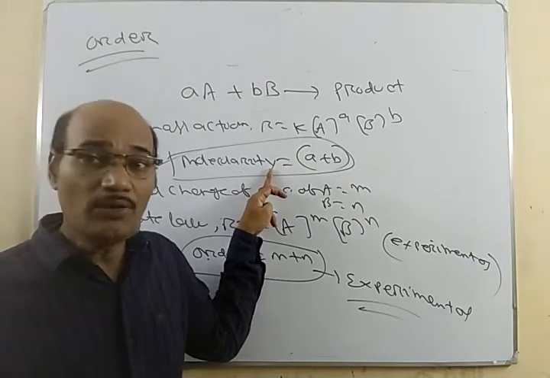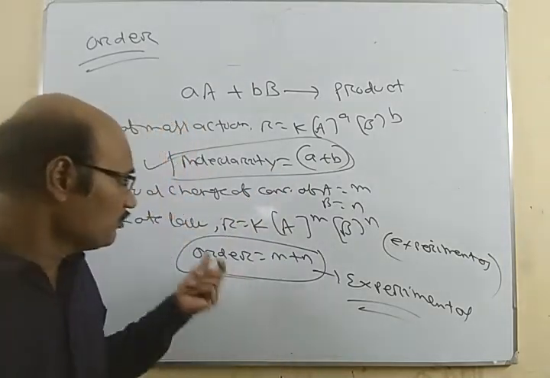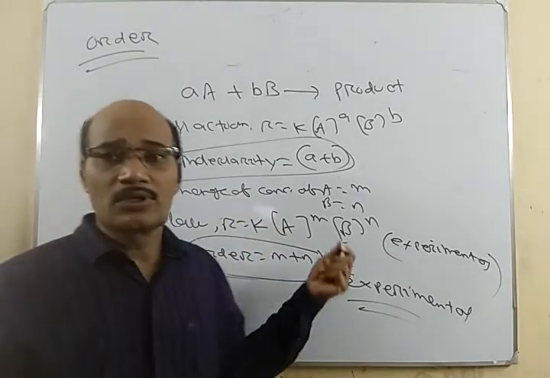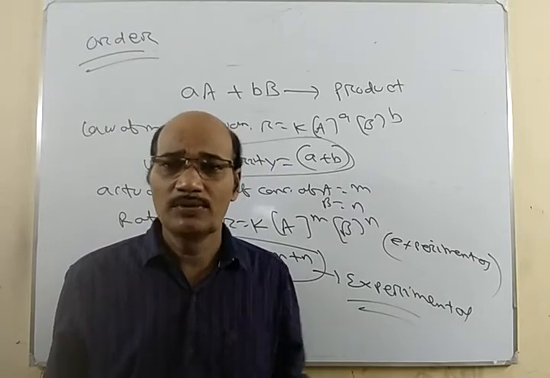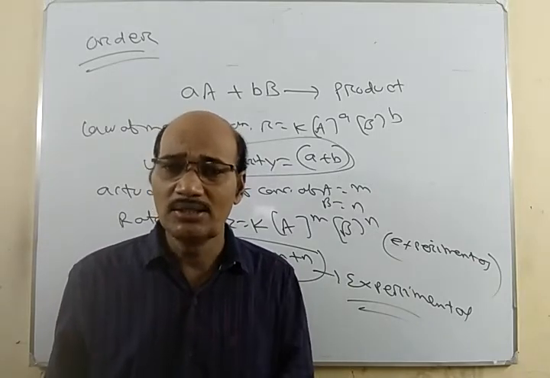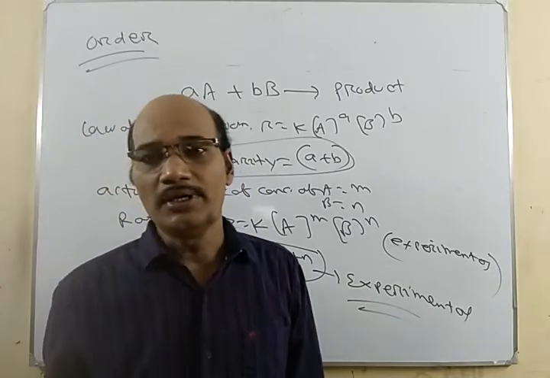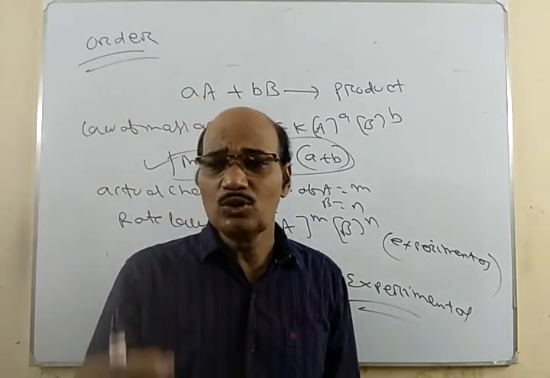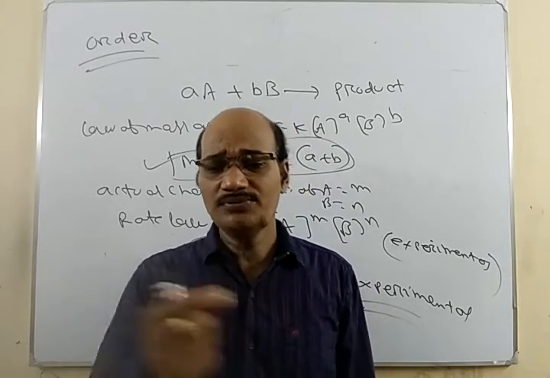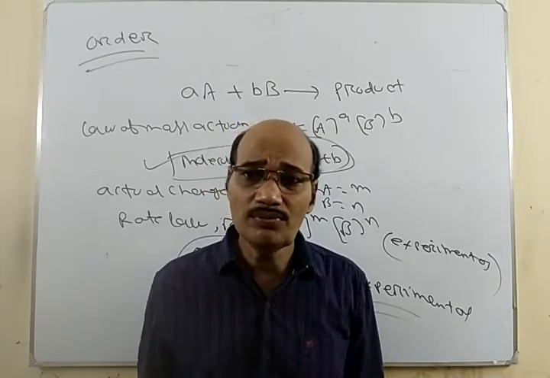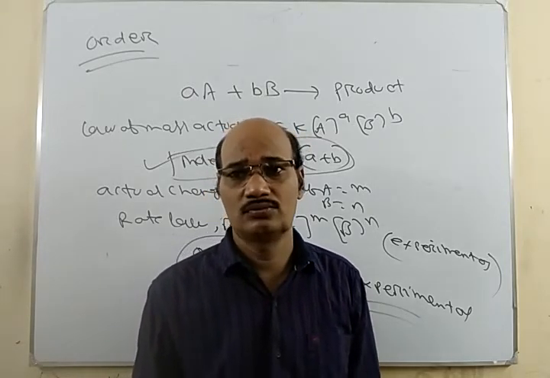Now if only one concentration term is changing during the course of reaction, the order of the reaction is 1, and it's called a first order reaction. If the concentrations of two reacting terms are changing during the course of reaction, it is called what? A second order reaction, or order 2.